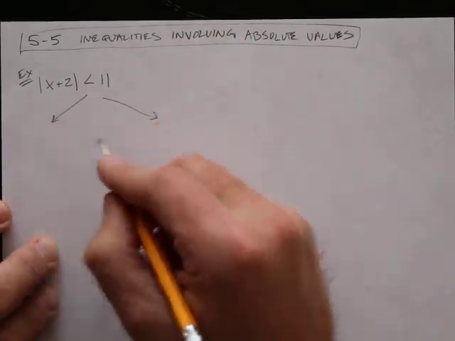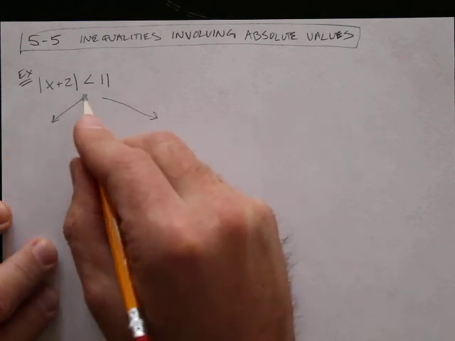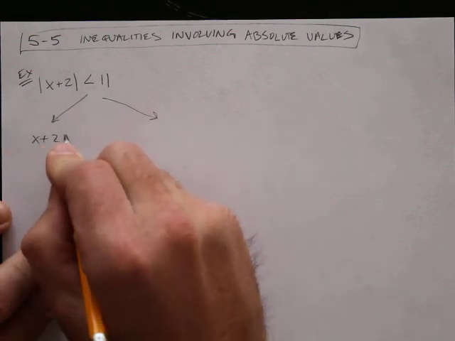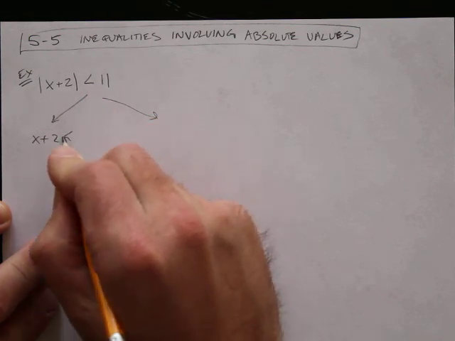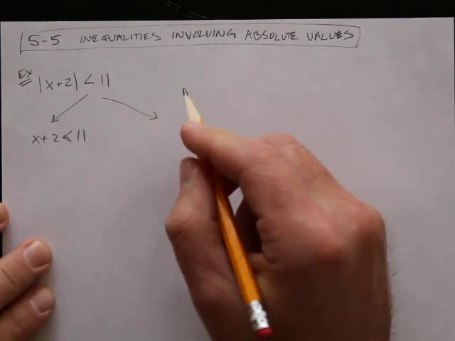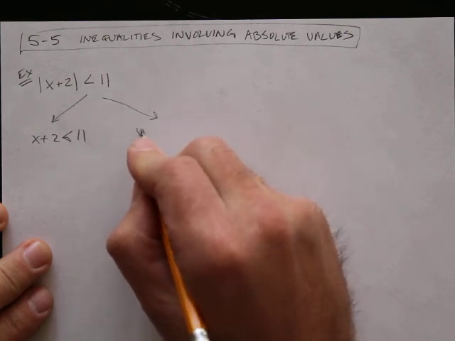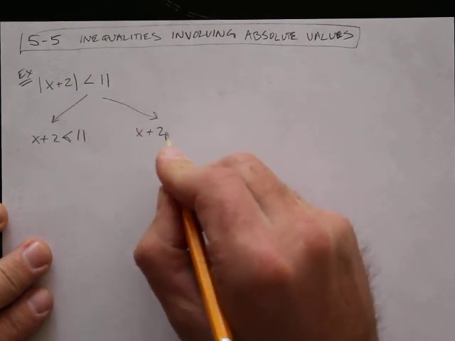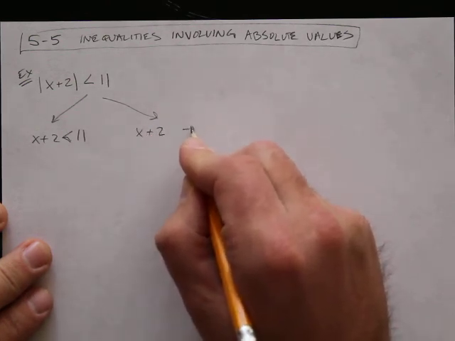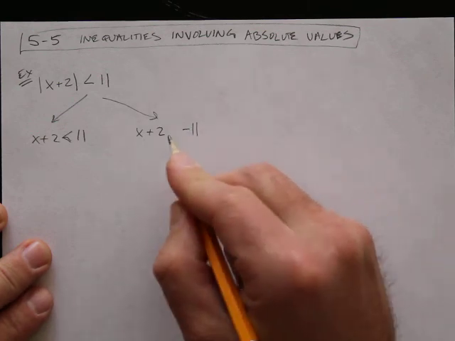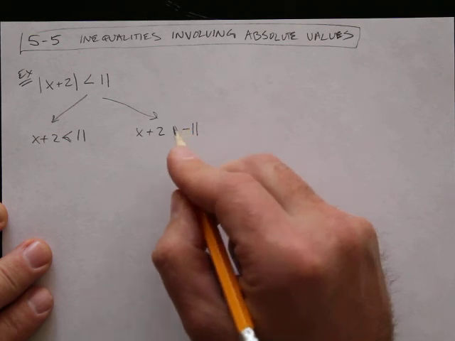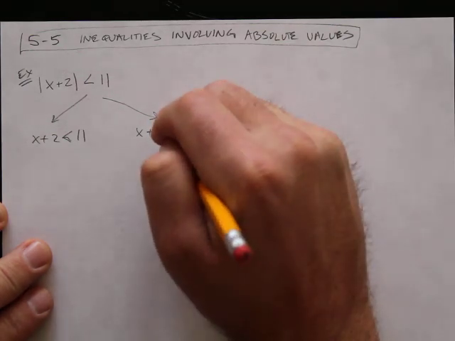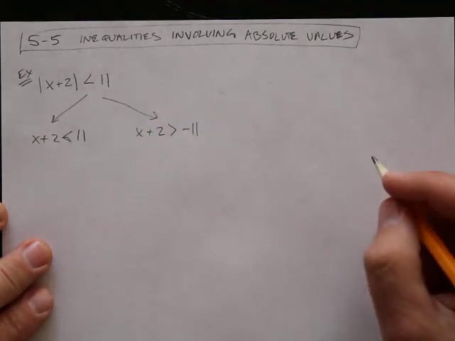Before, when we were doing equations, we would say x plus 2 equals 11, but we're saying is less than here, 11. Now, our other equation, if we were doing equations, would be x plus 2 equals negative 11. And we're going to do that same thing, but this time we need to switch the sign.